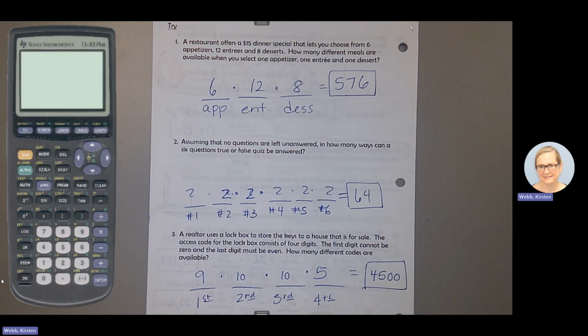Everything's filled in on the board and I've copied it onto the screens. You might check in what you have so far versus what you're seeing there. So we mentioned that the dinner had an appetizer part, an entree part, and a dessert part.